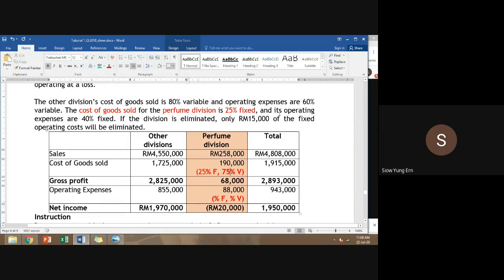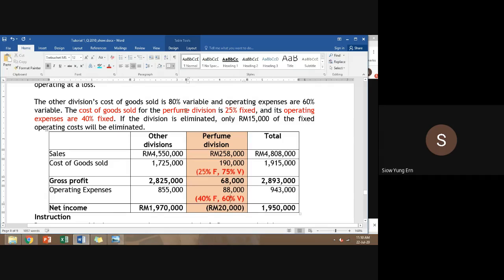Operating expenses are 40% fixed and the remaining will be 60% variable.